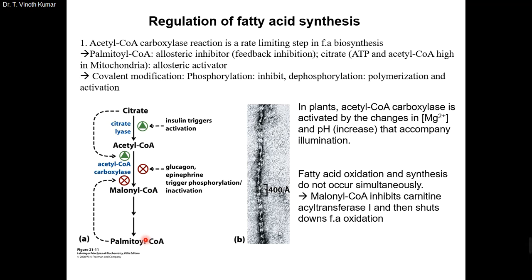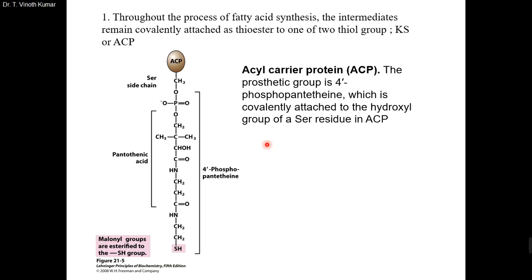You can see an example of the acetyl-CoA carboxylase enzyme, and this is the 3D shape of the acetyl-CoA carboxylase enzyme, present in the membrane. You can see the 400 angstrom, that is the size of the enzyme. This is quite a multi-enzyme complex, and we already studied this here.